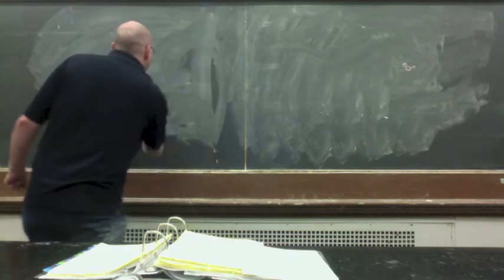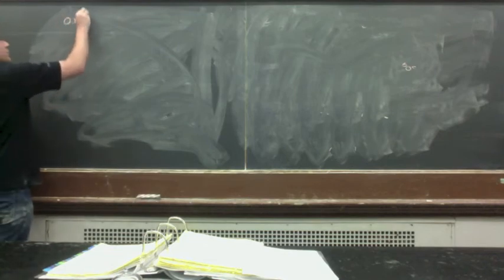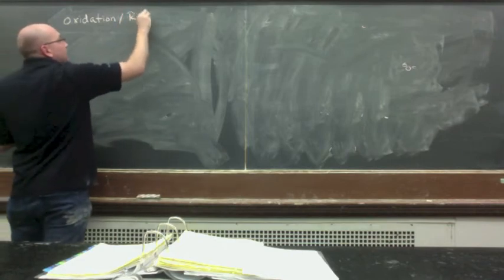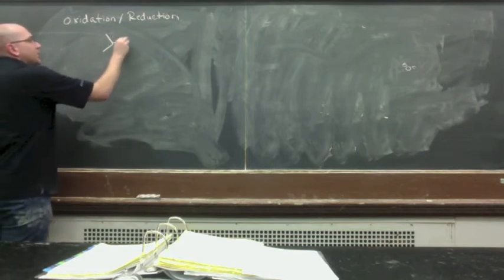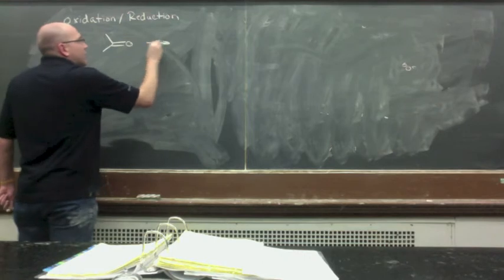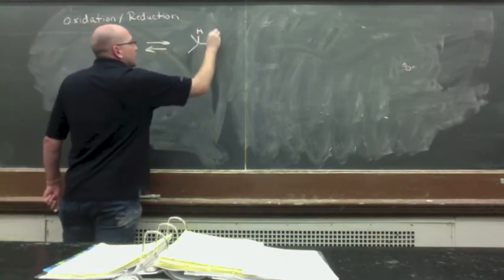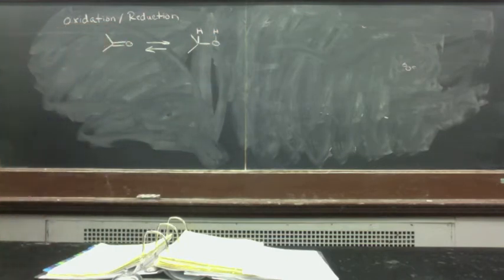So what we're going to discuss now is oxidation reductions. Okay, and so what we're talking about here, by and large, is whether we're adding hydrogen across the double bond or whether we're going in the reverse direction.